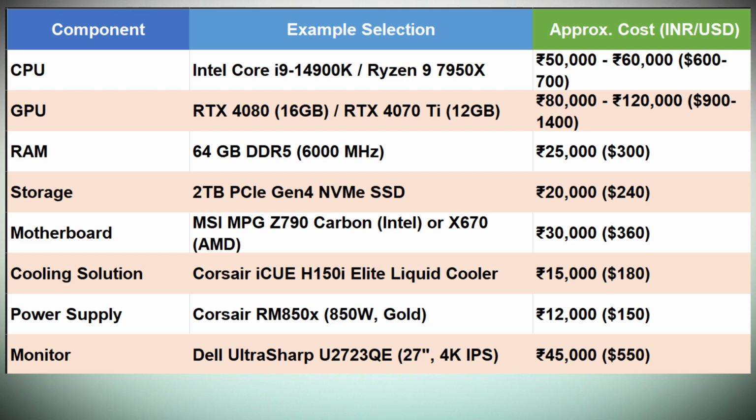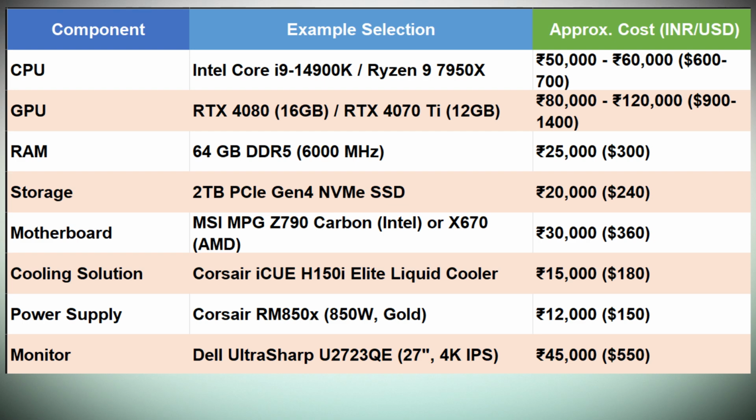Now, for cooling system, you can go for Corsair iCUE H150i, a liquid cooler, which may cost you around 15,000, whereas the higher end will cost you another 8 to 10,000 extra. For power supply, Corsair RM850x 850 watts gold standard will cost you around 12,000, and a monitor Dell UltraSharp U2723QE 27 inches 4K IPS will cost you 45,000.